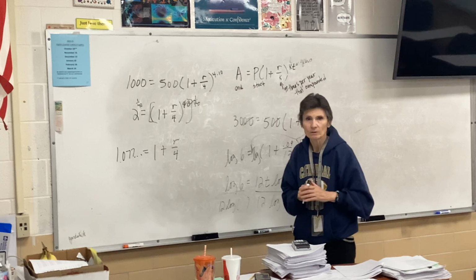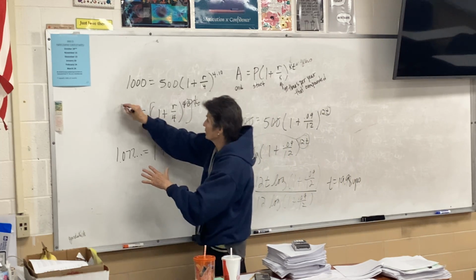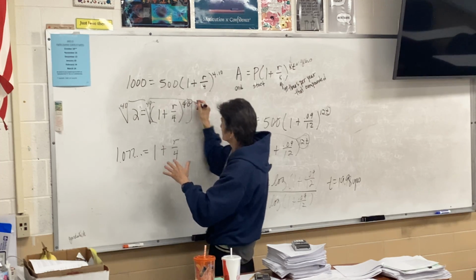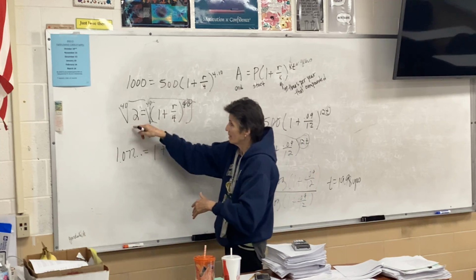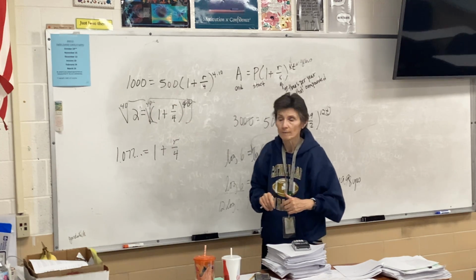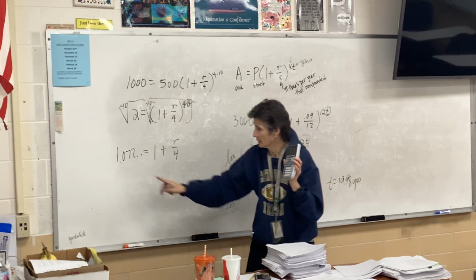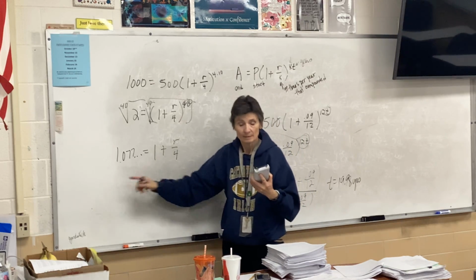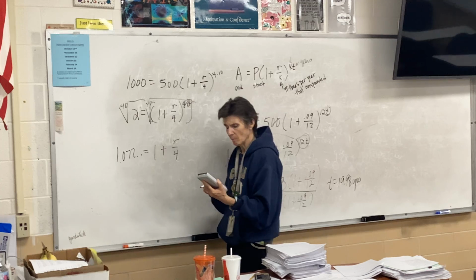It's right there on my calculator. But now this is my equation, because I essentially 40th rooted both sides. So that left me with 1 plus r over 4, and then 2 to the 1/40th power. So now I'll subtract 1 from the number on my calculator and times by 4.